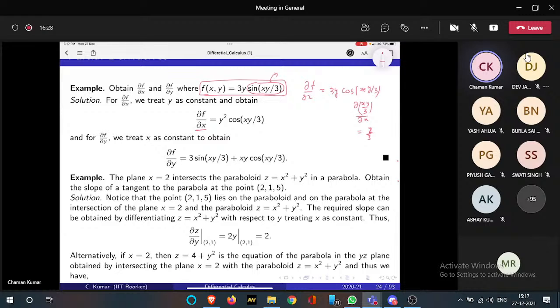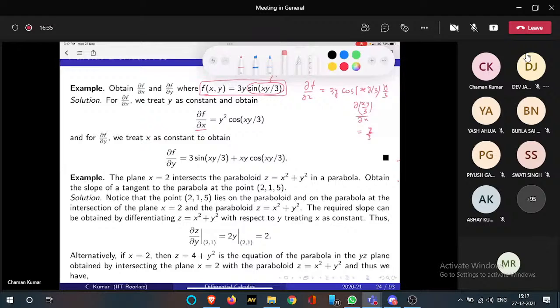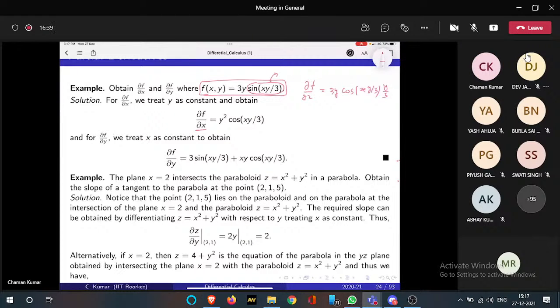So you write y by 3 here. So this will be equal to y square cos xy by 3. Okay, so you get this one. Fine.